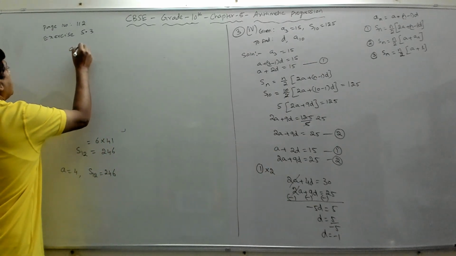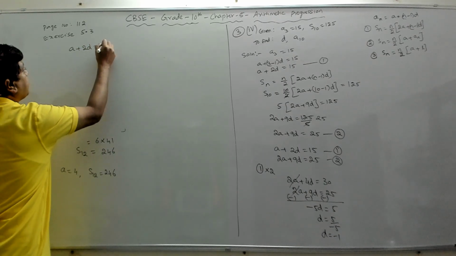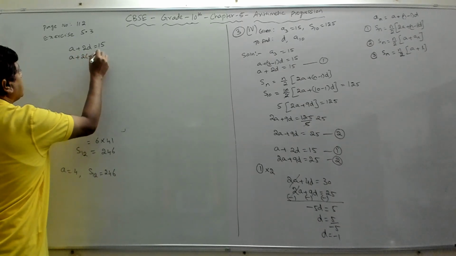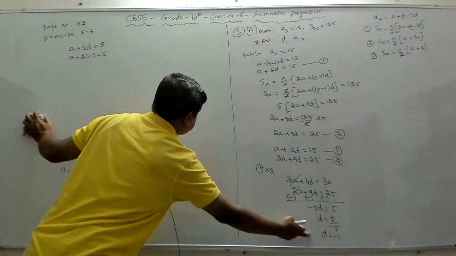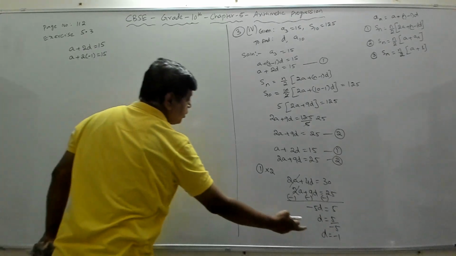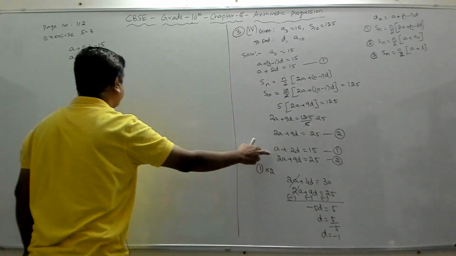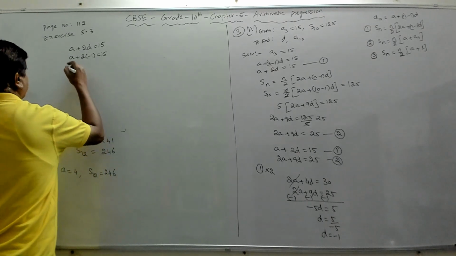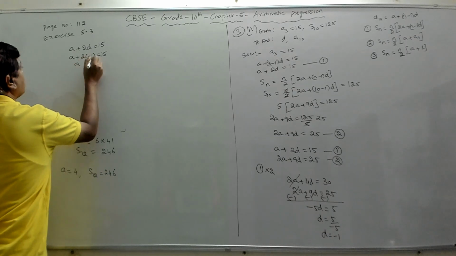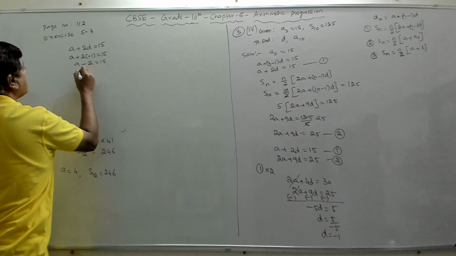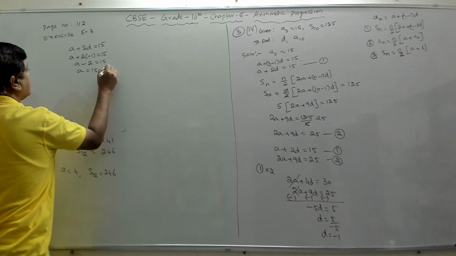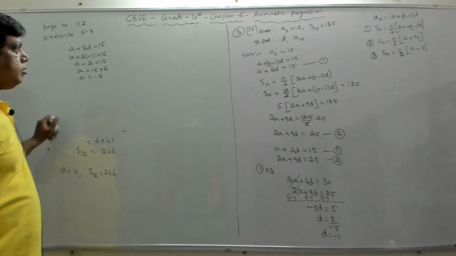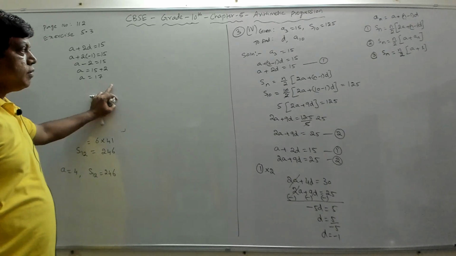A plus 2D equal to 15 becomes A plus 2 into minus 1 equal to 15, so A minus 2 equals 15. You get A equal to 15 plus 2. Your A is 17, so your first term is 17.